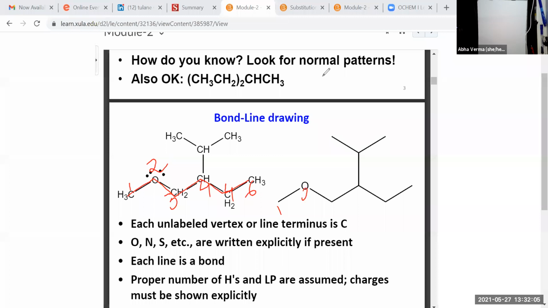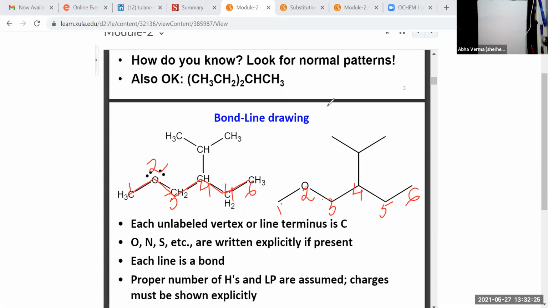Now we have not done the nomenclature yet, so you are free to label or number your main chain atoms as you like or from wherever you like.